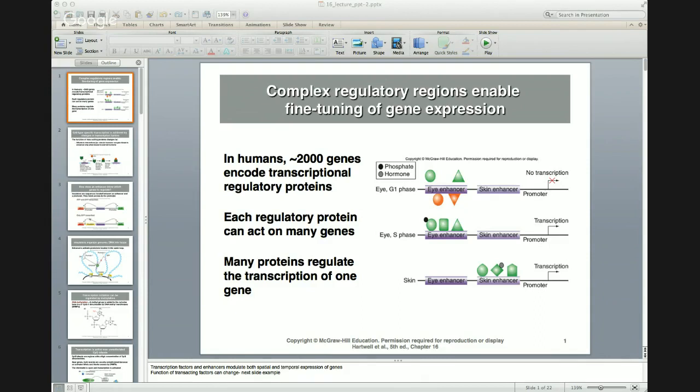Spatially means the cell type, for example, there are specific genes that are turned on in certain cell types and are turned off in others. I gave an example on Monday, for example, in cells in the pancreas, cells located in what are known as the islets of Langerhans, which are involved in producing insulin.